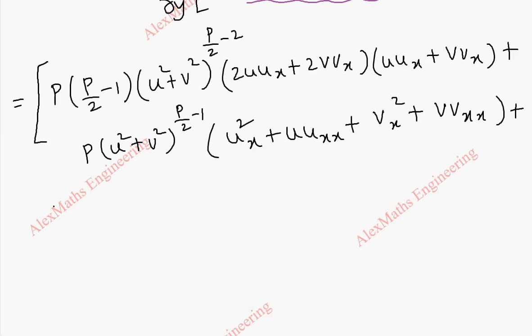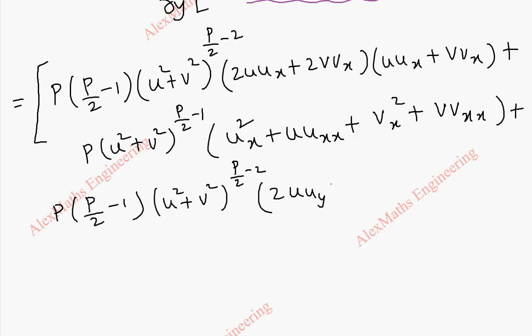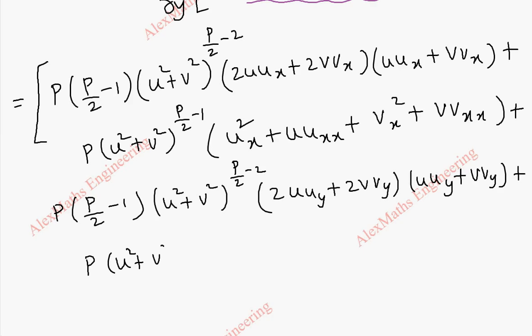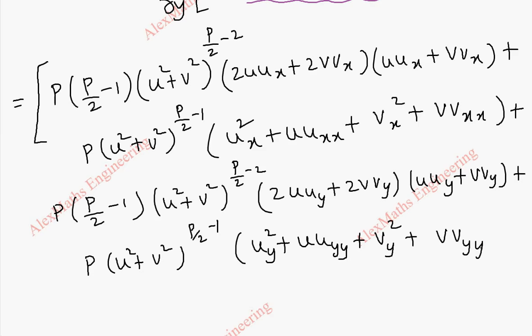So we copy everything: p into (p/2 - 1) into (u² + v²)^(p/2 - 2), and this is 2u uy now, because we are doing with respect to y, 2v vy, and again (u uy + v vy), and plus the second set of terms p into (u² + v²)^(p/2 - 1), then uy squared plus u uyy plus vy squared plus v vyy. So we just copied and we quickly completed the differentiation.